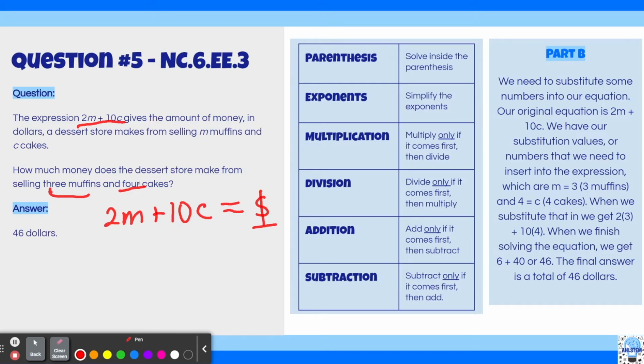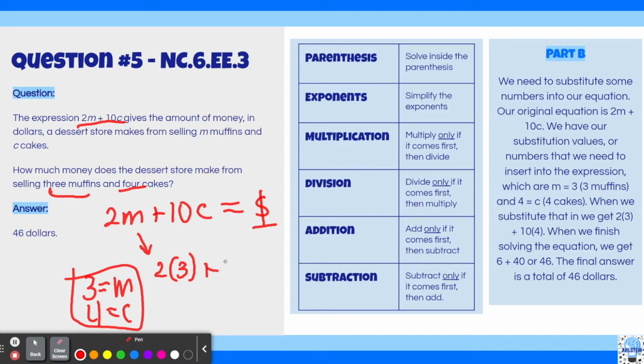Okay, so here we basically have 3 equals m, 4 equals c. So when we plug that in, we get, let's just box this, 2 times 3, right? Because we put 3 as m, since 3 equals m. And then we have 4 as c.